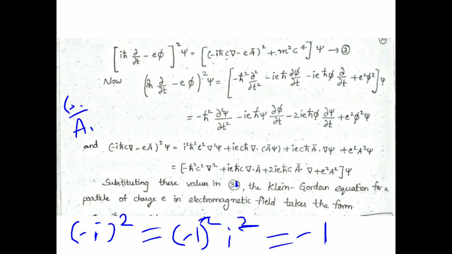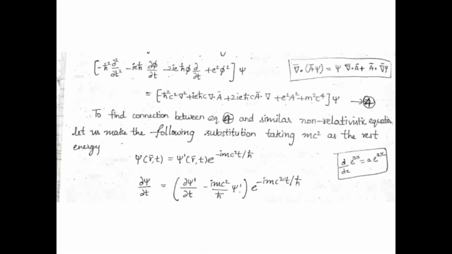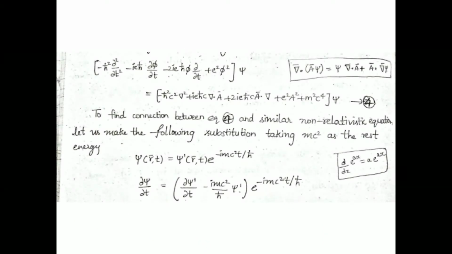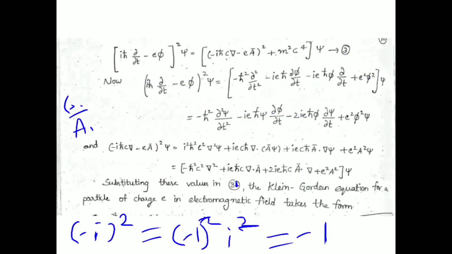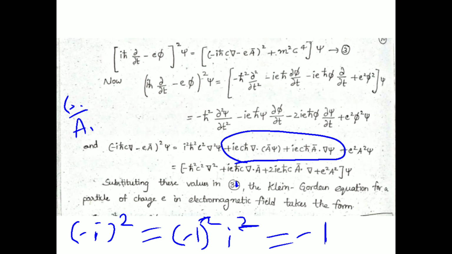After substitution, what we will get is this. This is the expansion which we have now found out. And next important thing is, this is the formula which we have used here in the calculation of this. That also we can say.